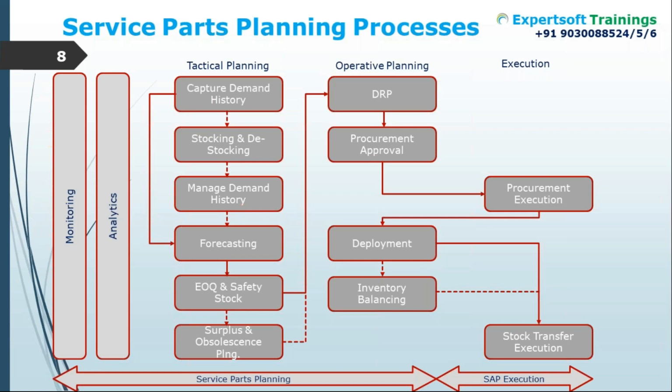When it comes to the DRP and deployment, it's operative, and execution means what you get as output after the DRP run and after the deployment run. For example, stock transfer requisition, scheduling agreement, purchase requisition, and how you will transfer to the ECC. So all those things will be covered.